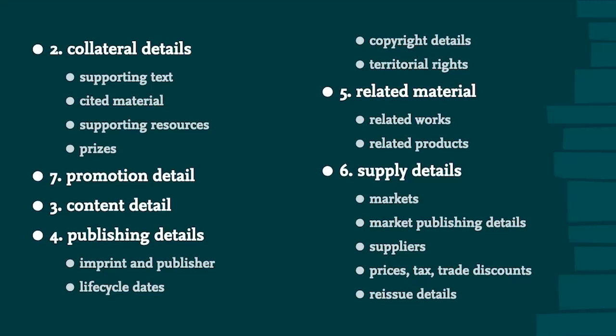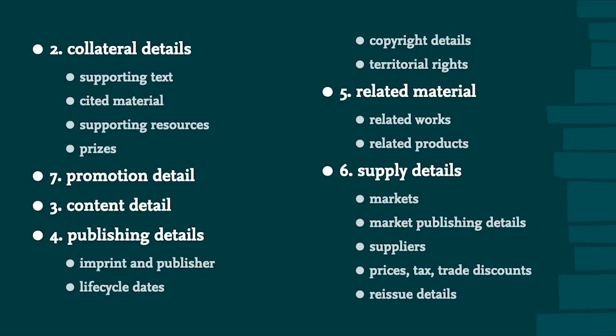Second part of the Onyx messages, these are the other blocks. Block 2, what we call collateral details. A lot of this is the marketing texts, or things like the cover image, supporting resources, reviews, etc. Those are going to be very important for audiobooks as they are for physical books.